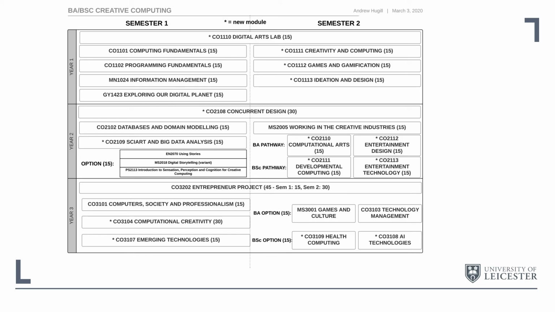On the BSc side, Health Computing looks at the presence of technology in everything from surgery and medicine through to more therapeutic well-being and so on. And then AI Technologies, in that module you actually create an artificial intelligence and you investigate the ethics of AI.